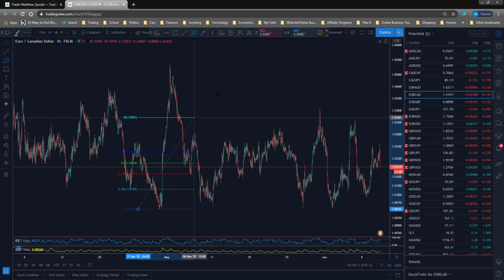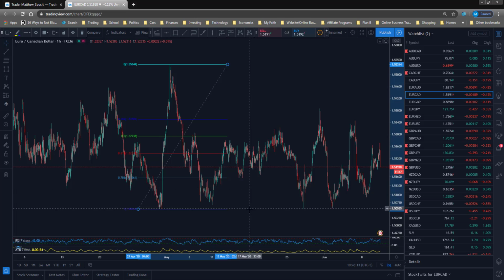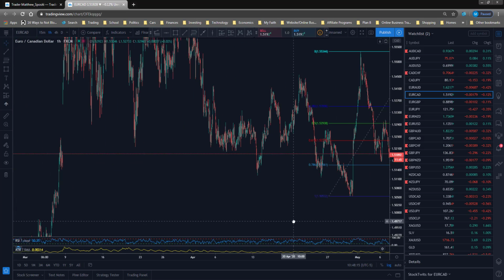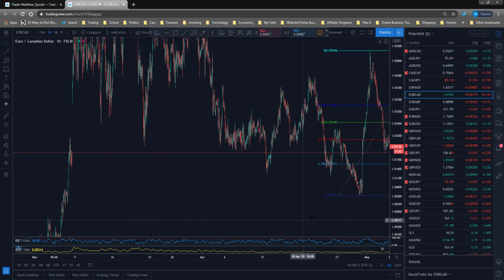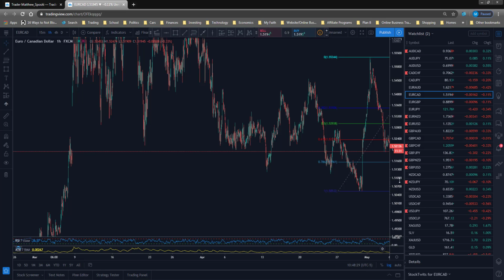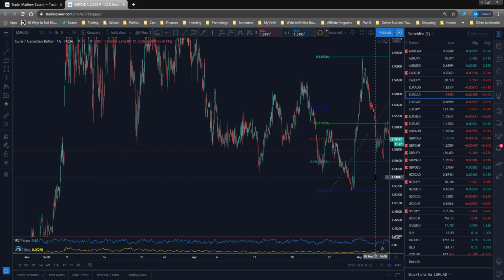Unfortunately, because I've seen this happen already, I have confirmation bias. I already know what's going on and what's going to happen in the future. So because of that, it's going to influence my decisions. But as a result of that, I guess you could get long here, hoping, maybe at a 618 and maybe place your target up here.